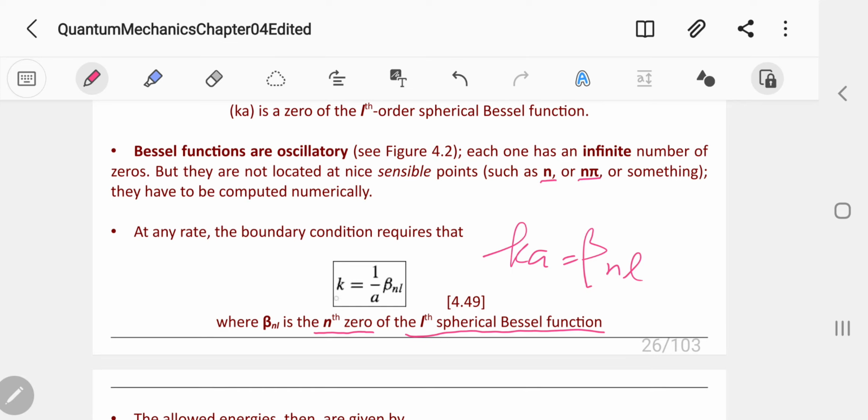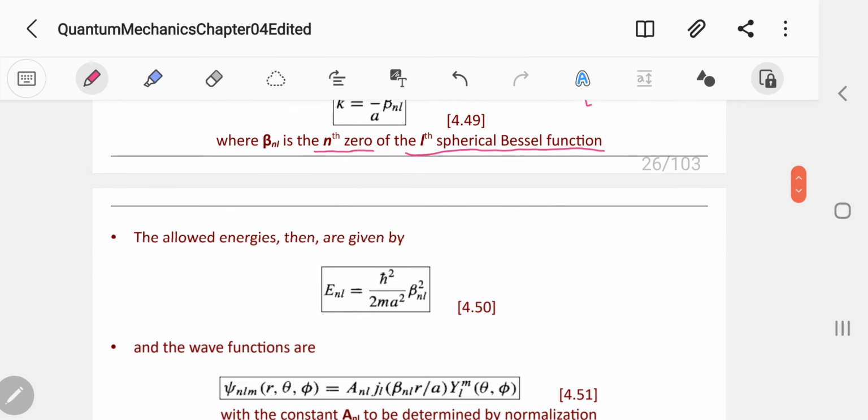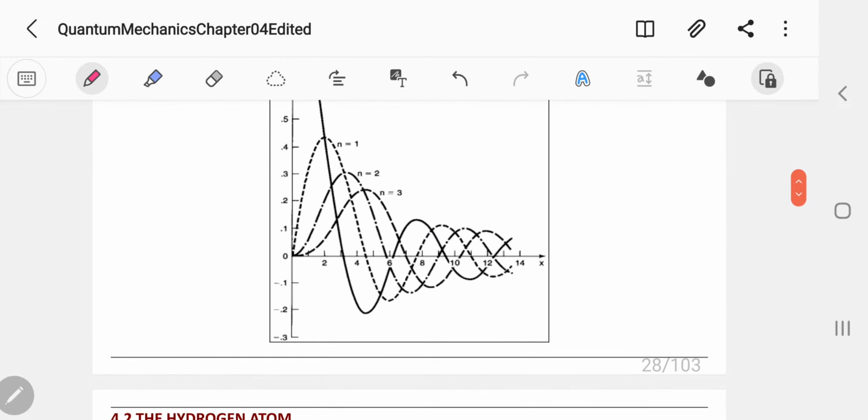So your k would be equal to these zeros. For this one, you have the zeros here, here, and here. They don't really have constant periods.